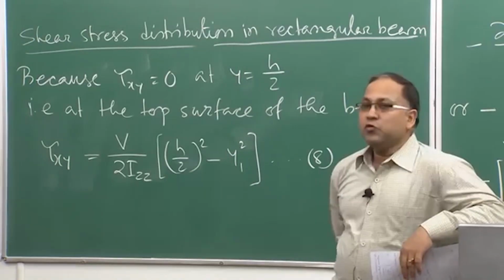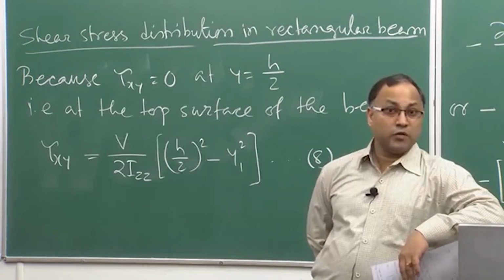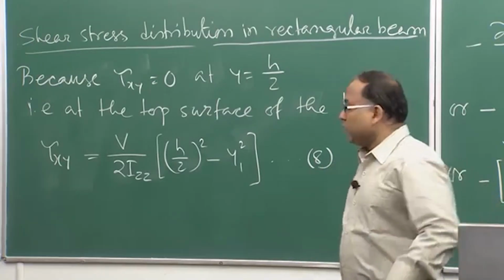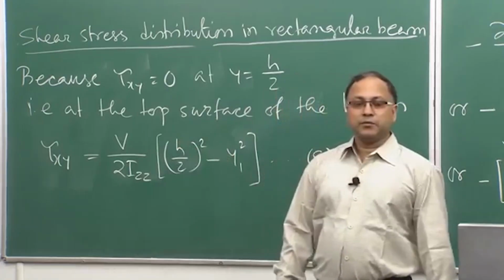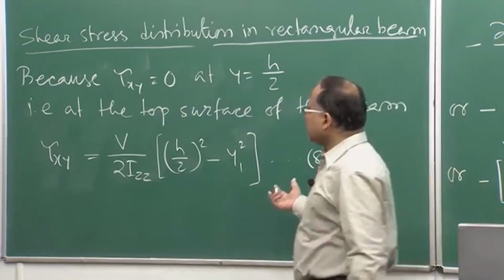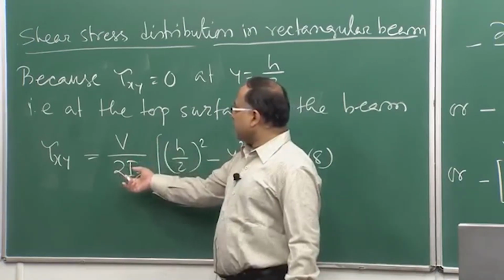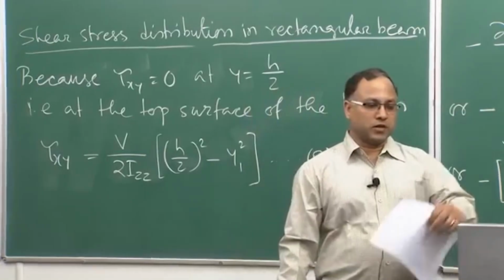Now, if you put y1 equal to 0, that means you are at the neutral surface and then you will be getting the maximum value of your shear stress tau xy, and that is nothing but V by 2 Izz into h by 2 whole square.